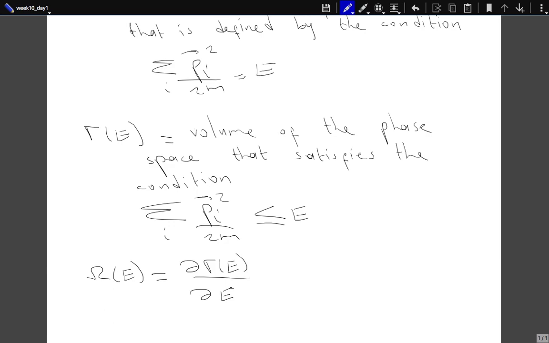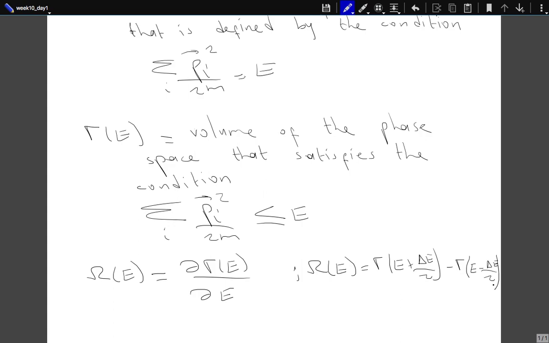Now, during the lectures, we had a slightly different approach. We said that the energy has to be definitely E, but that's not realistic. No matter how you isolate your system, there will be some uncertainty in the energy of the system. So in the lecture, we had also said that omega of E is gamma of E plus delta E over 2 minus gamma of E minus delta E over 2.